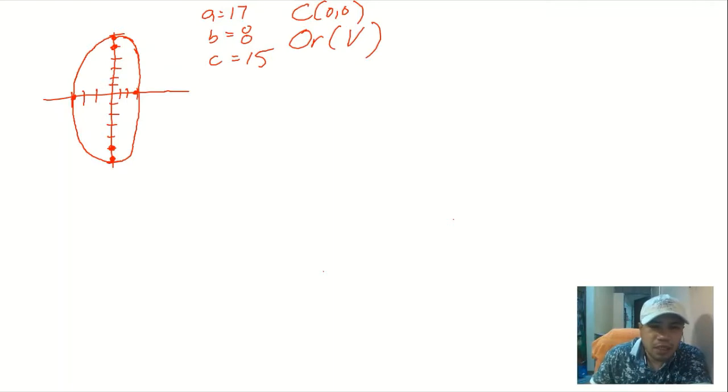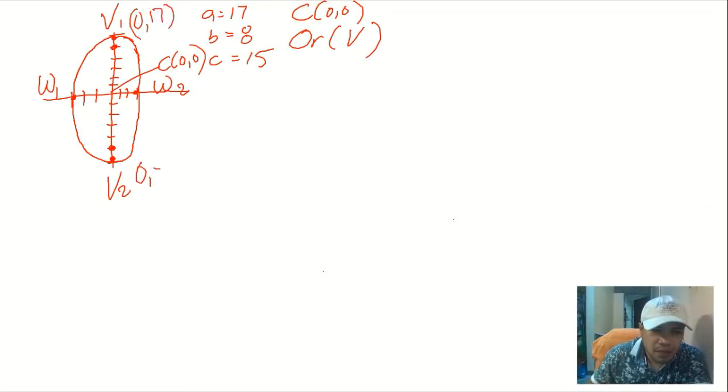So for the parts, center is at 0, 0, vertex 1, vertex 2, covertex 1, and covertex 2. So vertex 1 is at 17, so 0, comma 17. Vertex 2 is at negative 17. Ito is nasa 8. So negative 8, comma 0.